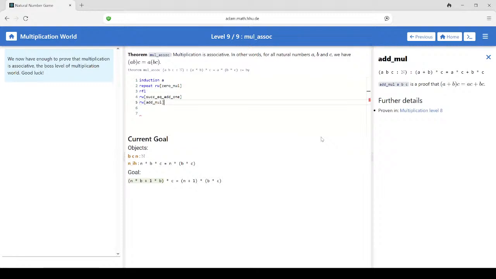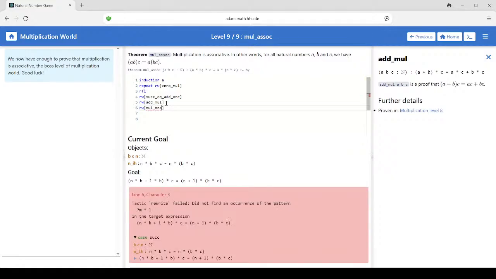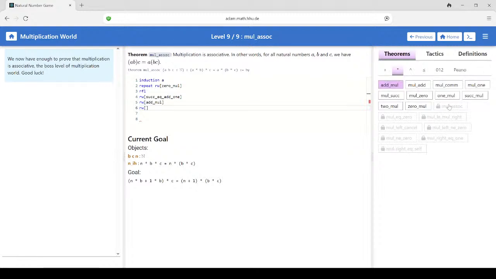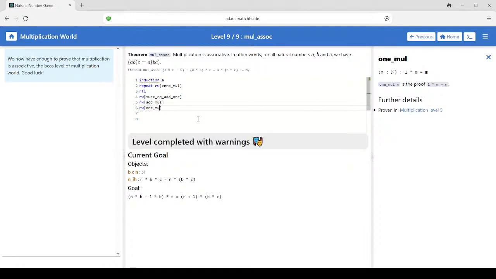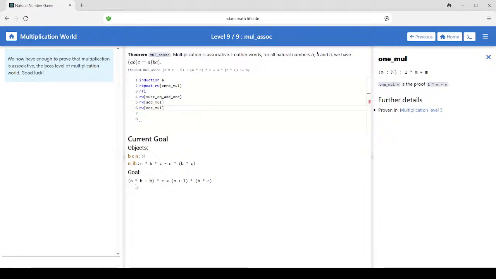Okay, that's something. And anything times 1, anything times 1 is itself. What is it? Okay, we have n times b plus b.